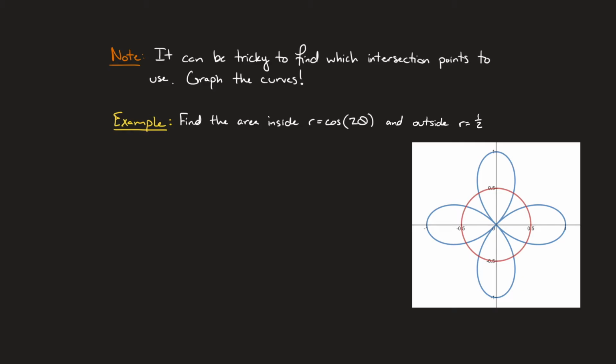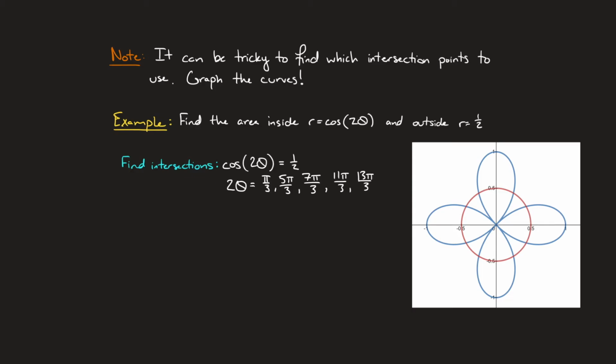Notice that this area is split into 4 equal pieces. That'll come into play in a little bit. But first, let's try to find the points of intersection. We set the given equations equal to one another and get cosine of 2 theta is equal to a half. Now we can just start writing out angles in ascending order that give a cosine of a half and find that 2 theta can be equal to pi over 3, 5 pi over 3, 7 pi over 3, 11 pi over 3, 13 pi over 3, and so on.